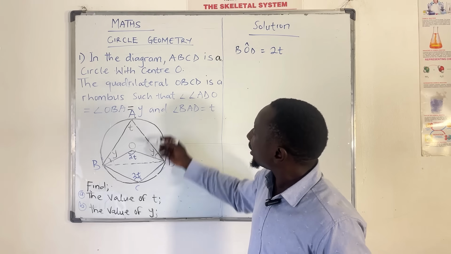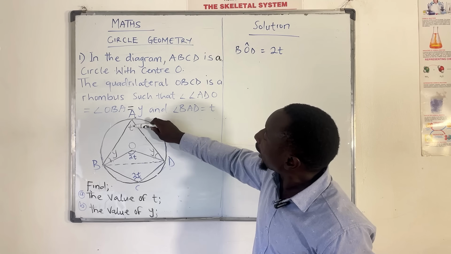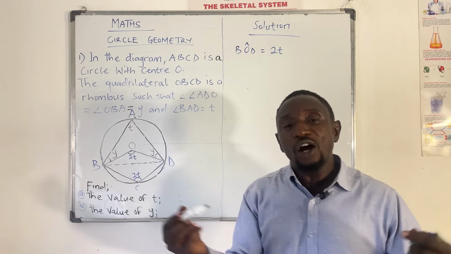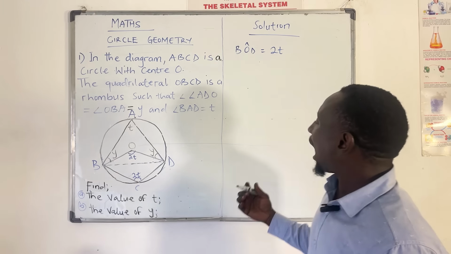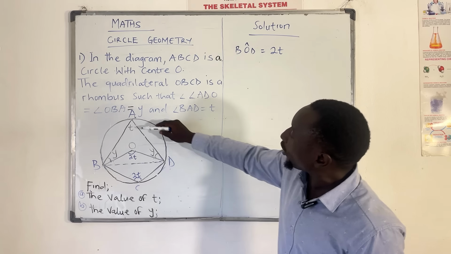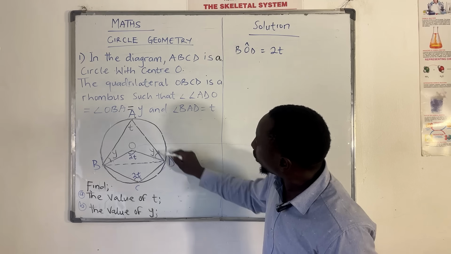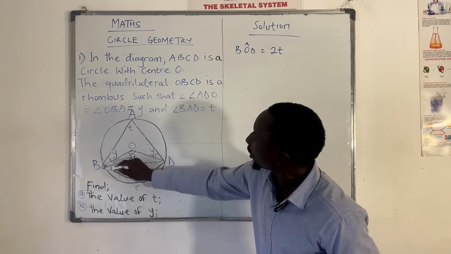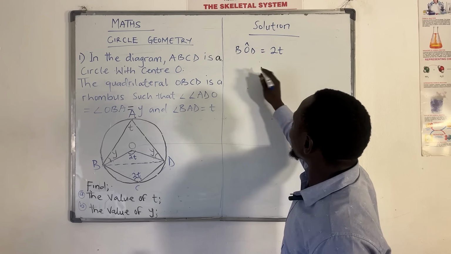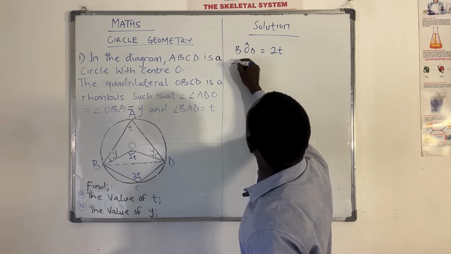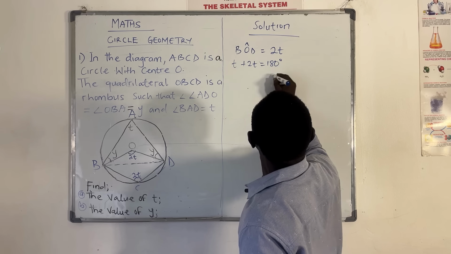Now, if this is 2T, looking at this and this, remember I told you that the opposite angles of a cyclic quadrilateral are supplementary, meaning they add up to 180. So if you are considering this and this, they are opposites. Now, T plus 2T is equal to 180 degrees.